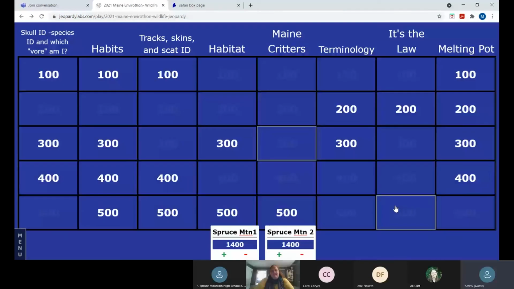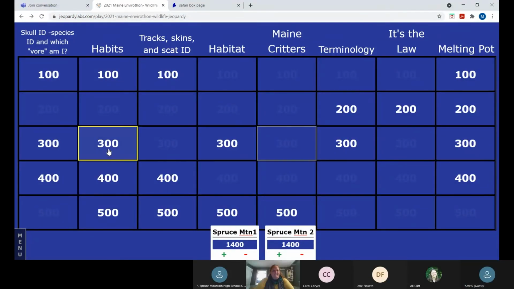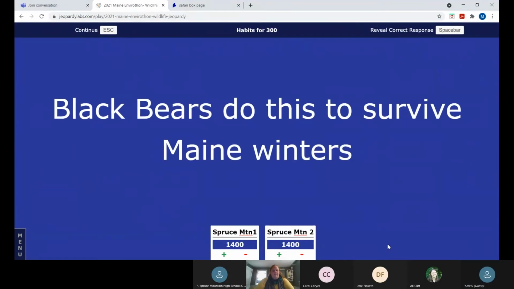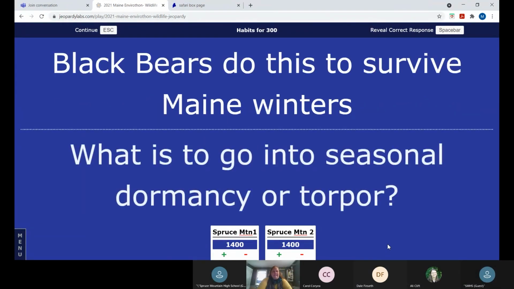Let's go habits for 300. So black bears do this to survive Maine winters. What is hibernate? They're actually not a true hibernator. They go into what's called seasonal dormancy or torpor. They're very alert and awake through the winter.